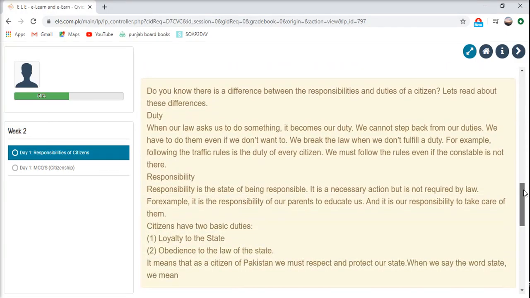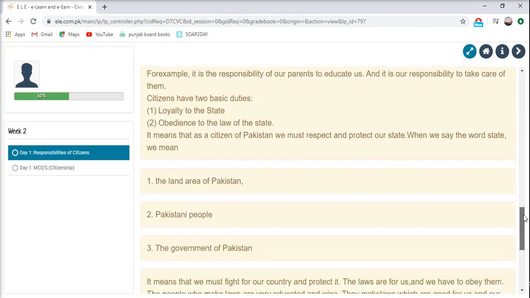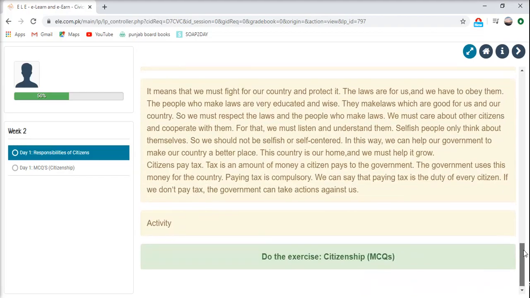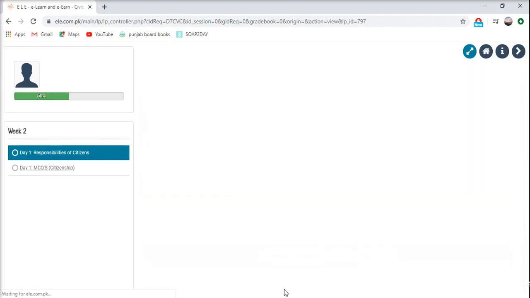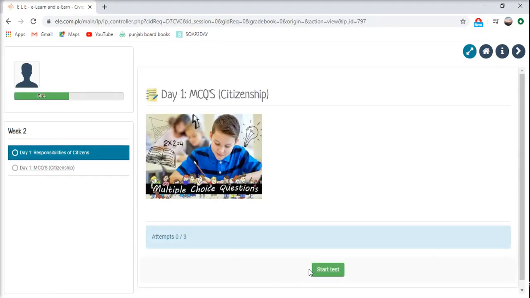Then let's do some reading and activity. We have to do the exercise, citizenship MCQs. Let's start the exercise.